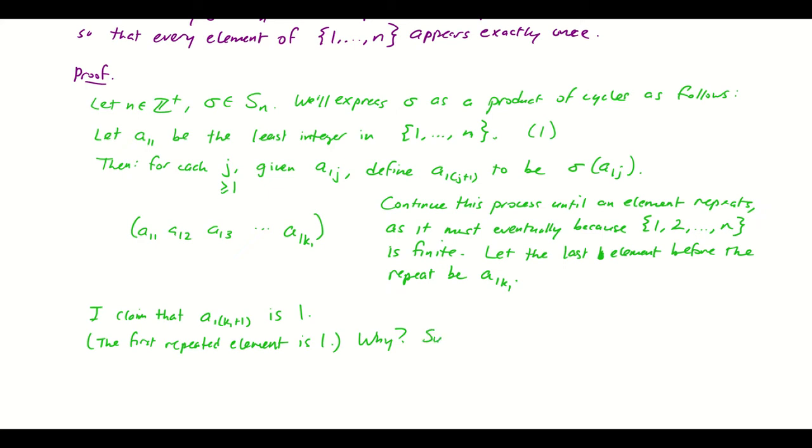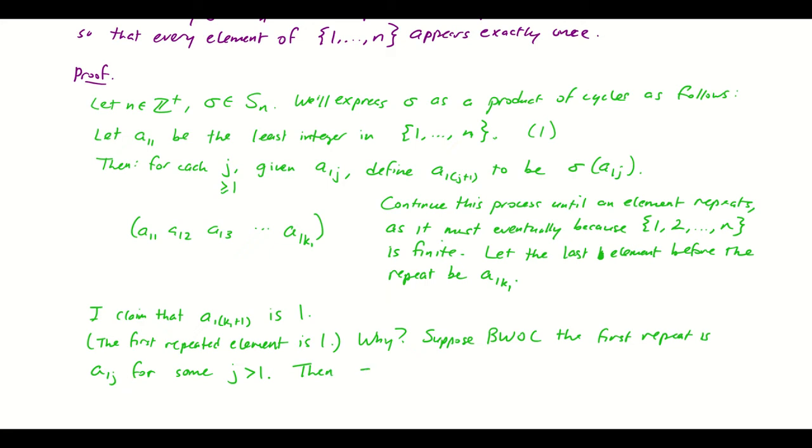Suppose by way of contradiction, and I always abbreviate by way of contradiction BWOC, the first repeat is a sub 1 j for some j greater than 1. Well, in that case, what do we know?